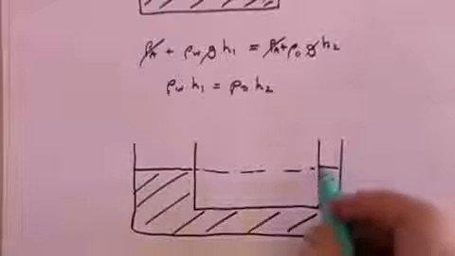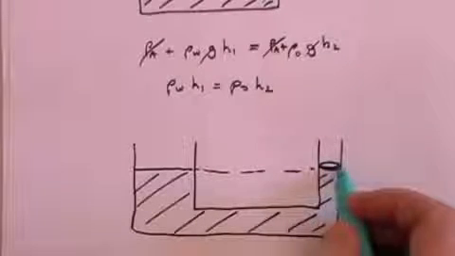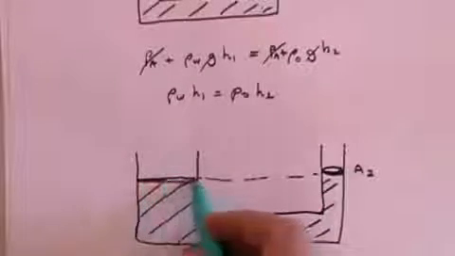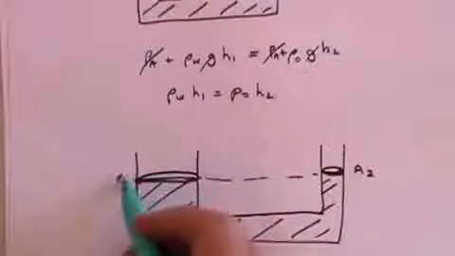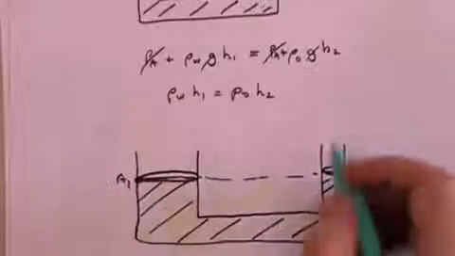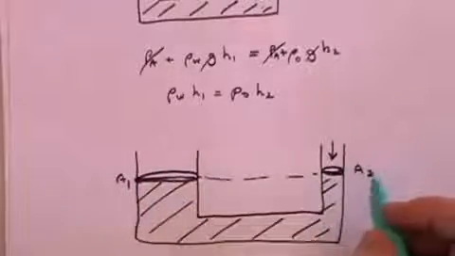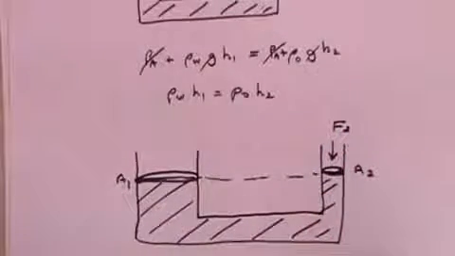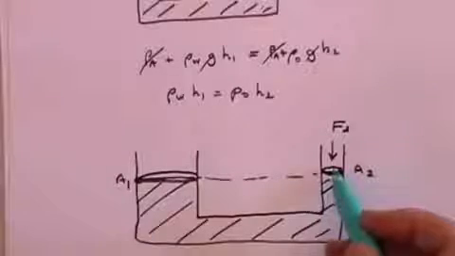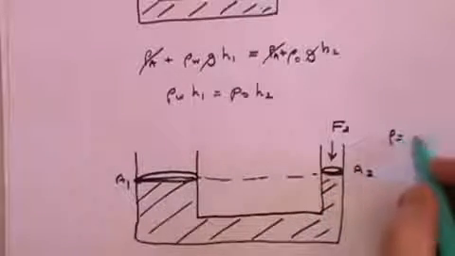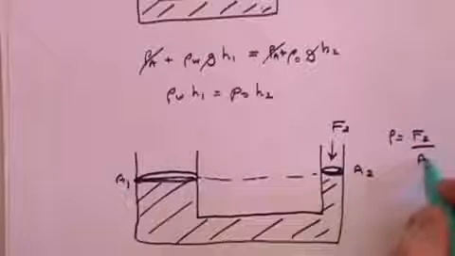Now, let's suppose that the area of this side is A2 and the area of this side is A1. And what we're going to do is put a force on here. We're going to press down with a force F2. And if we push down, then the pressure that will result, the pressure of course is force over area, so that's F2 over A2.